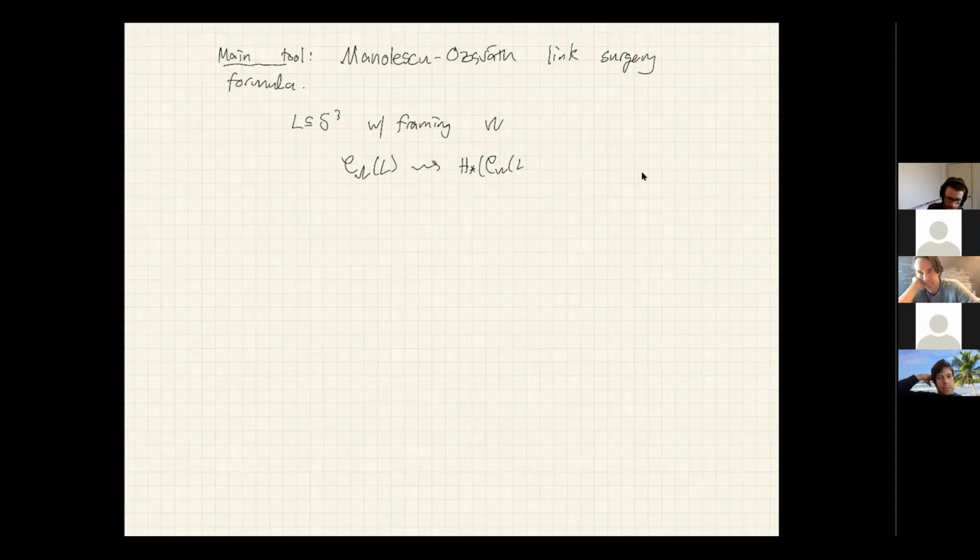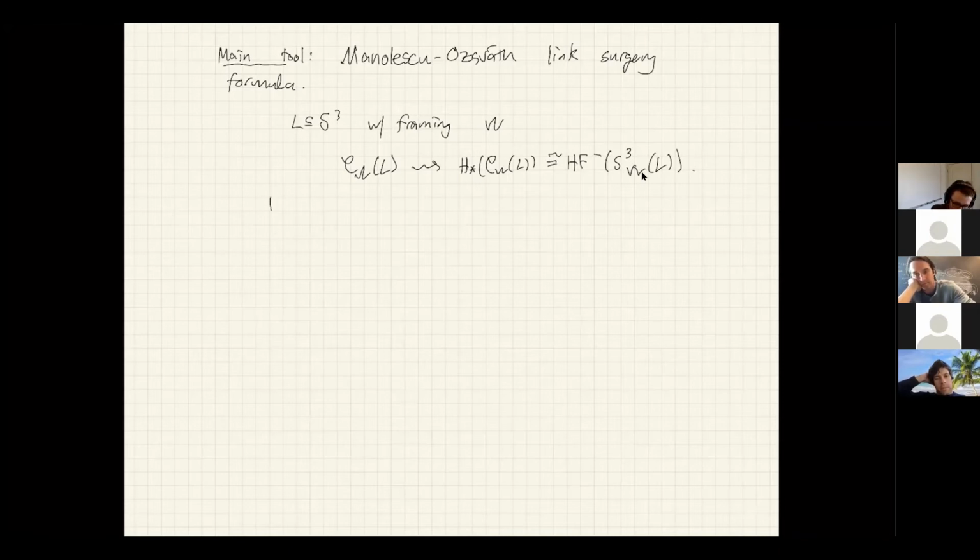On its own that's maybe not that interesting, because you already have a chain complex that computes the Heegaard Floer homology, but the importance of this formula is that it's a useful tool for actually doing computations.